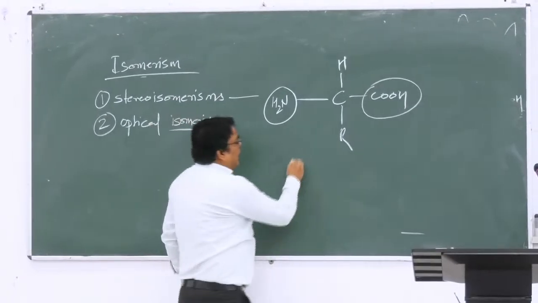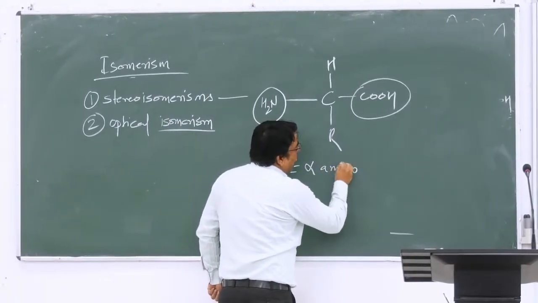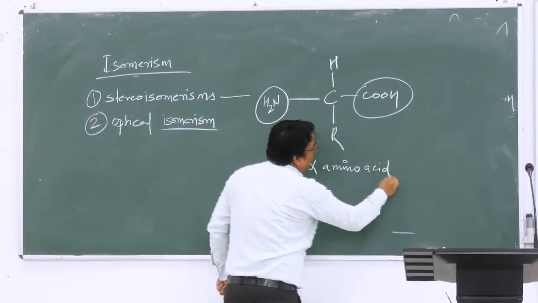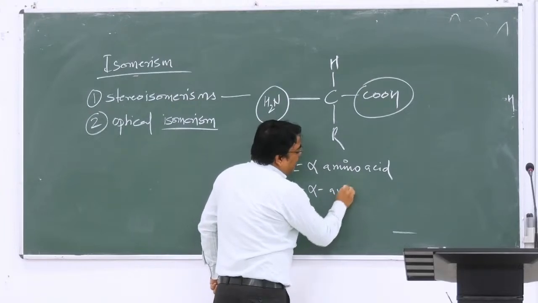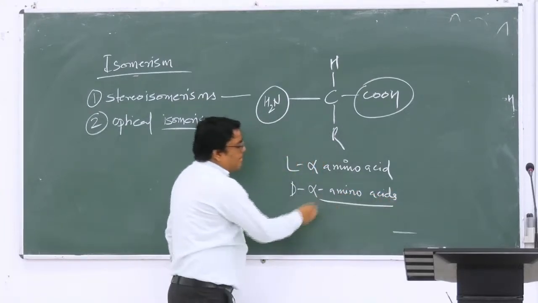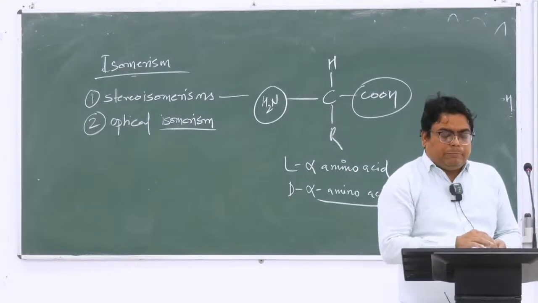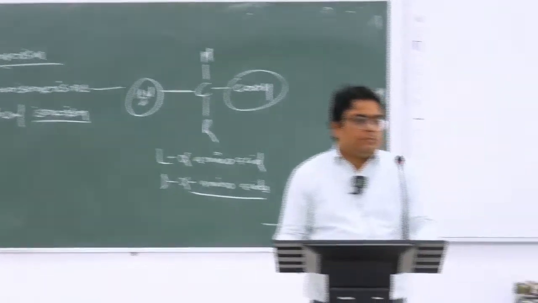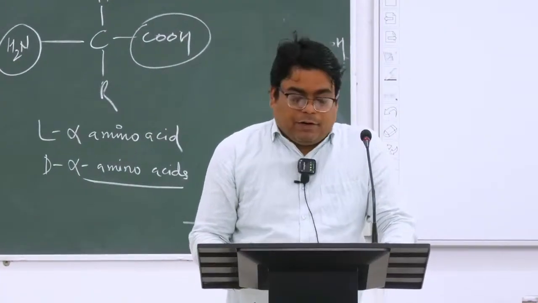We call one the L alpha amino acid and the other the D alpha amino acid. You know the meaning of D and L? Yes, dextrorotatory and levorotatory.